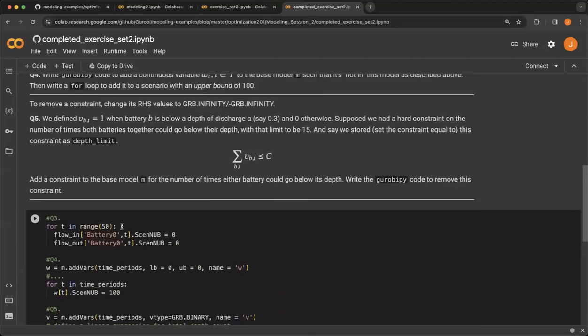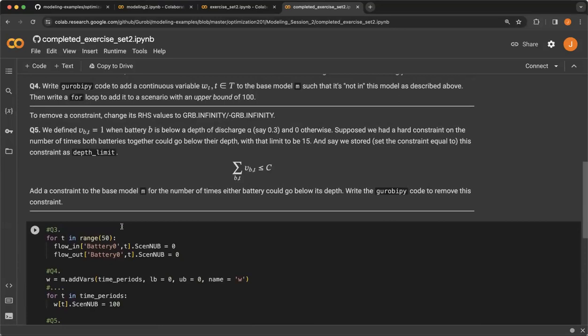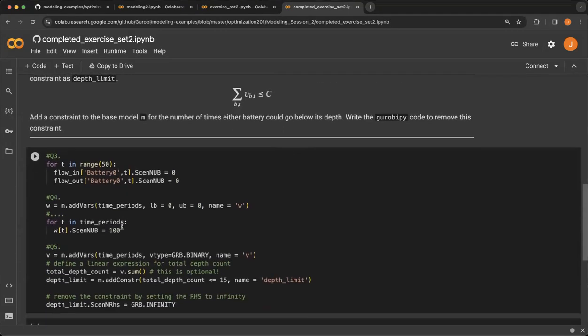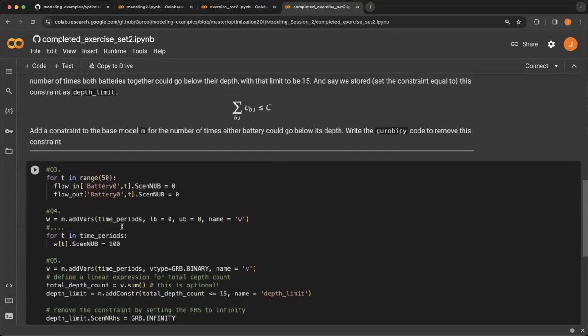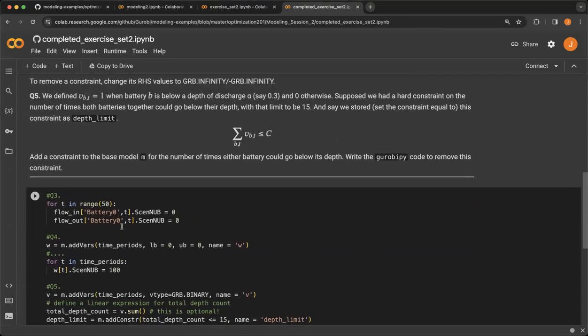Question 5 relates to the VBT variable that we used. Suppose we had a hard constraint on the number of times that we allow this violation. Let's code up that constraint, saying that the number of times that we violate our depth of discharge must be less than or equal to some constant C. Let's call that value C15.